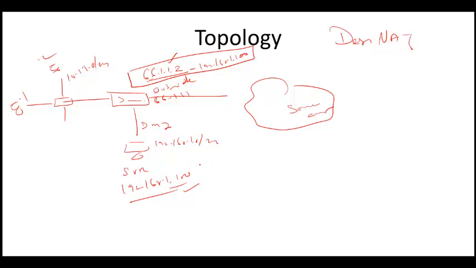Again, the same questions we ask. What is the original source address? Any. That's the first question. Second, what zone is the source from? Outside.